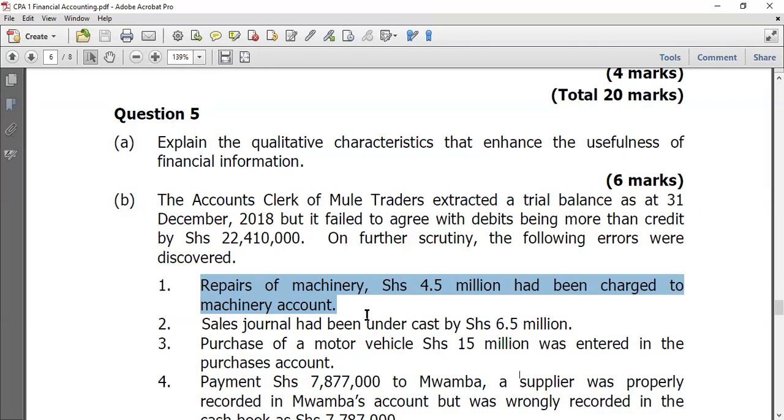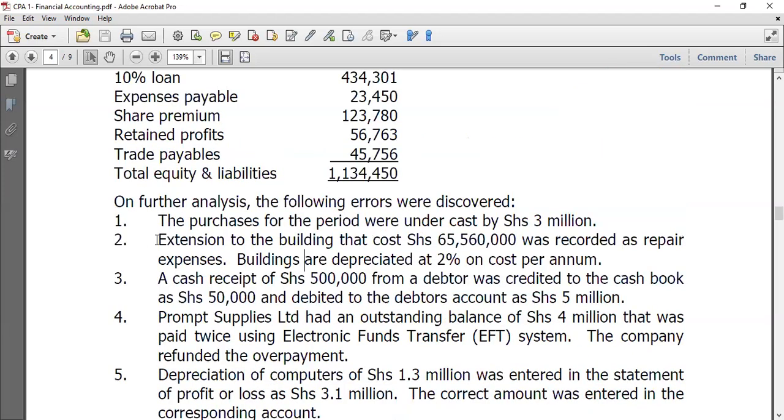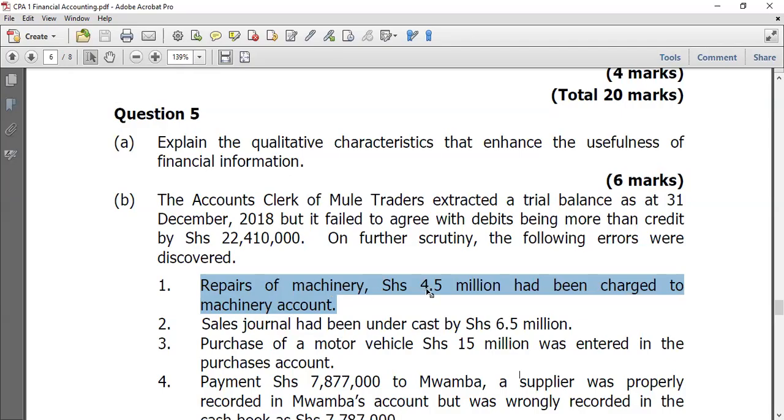In the other transaction, it was the other way around. The extension of the building was put in the repairs expense account. Now, in this other question that he has brought right here, it says repairs were actually charged to the machinery account. But the principle is the same, because yours is to know that repairs should definitely be in the repairs account. They should not go to the machinery account, okay?